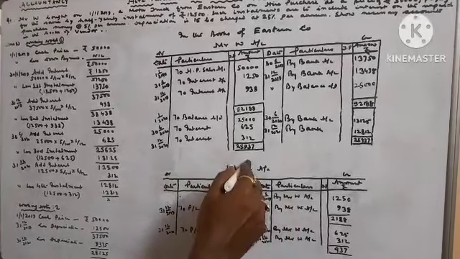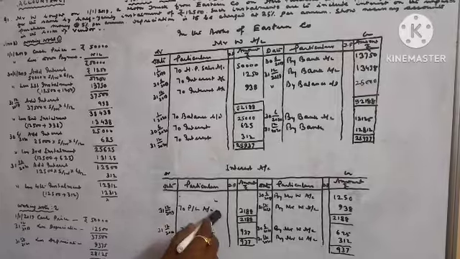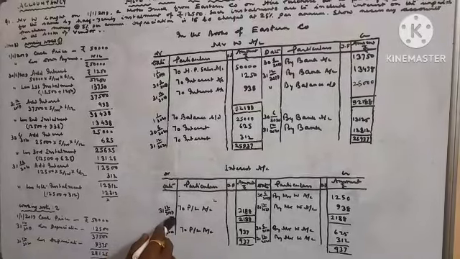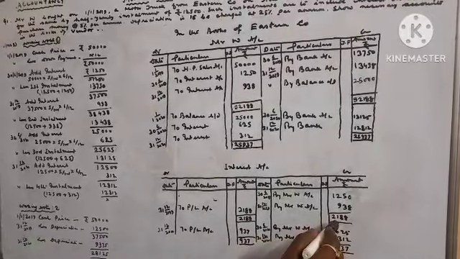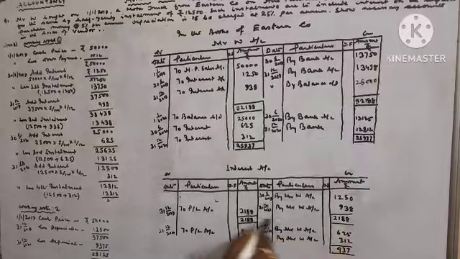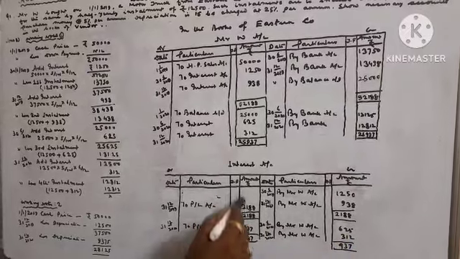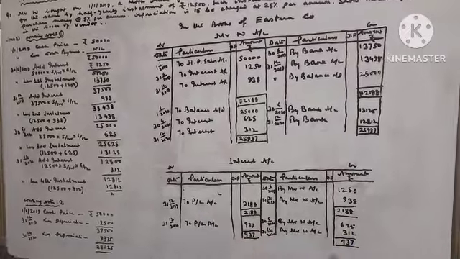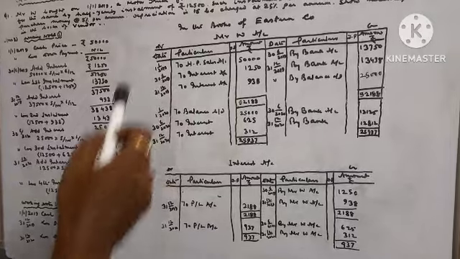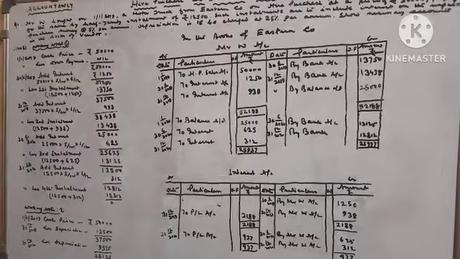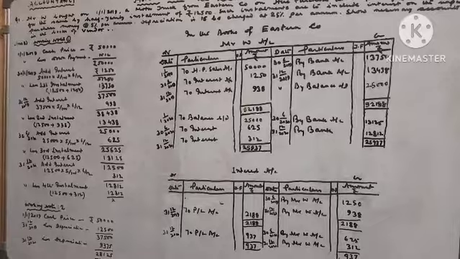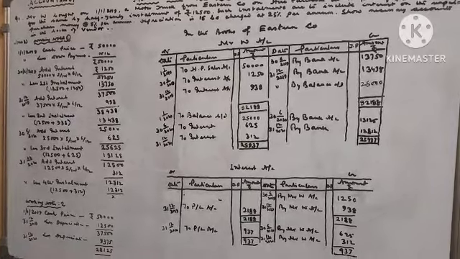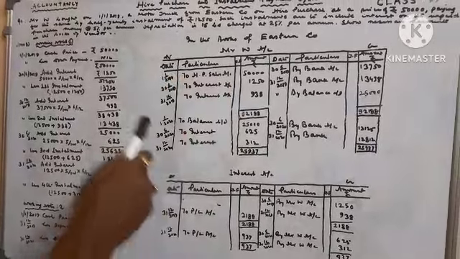So the accounting entry will be interest account debit to P&L account on 31/12/2019. The total amount of interest is 2,188. That is transferred to the P&L account, 2,188. Both sides are balanced.